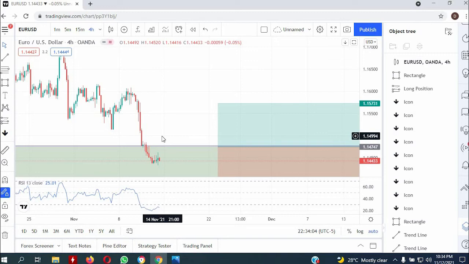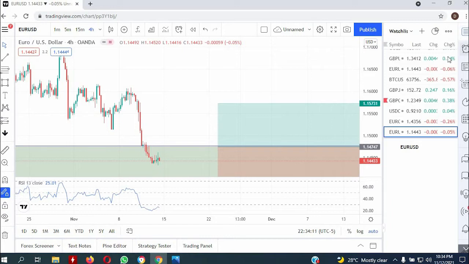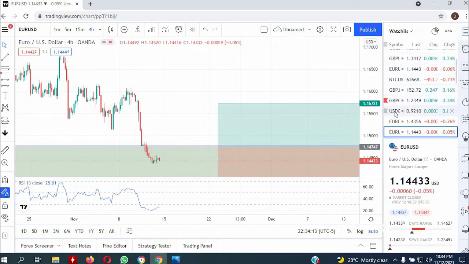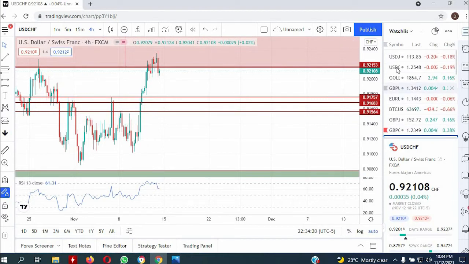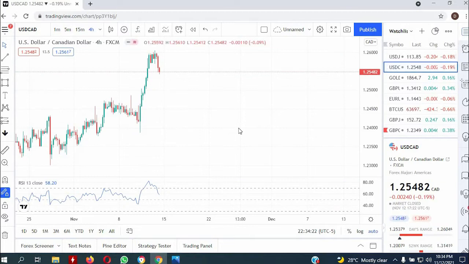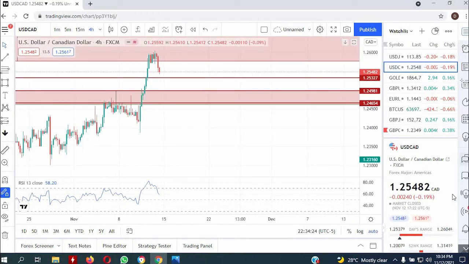Going to move over to the US dollar Canadian. Oh, not that one. US dollar Canadian.